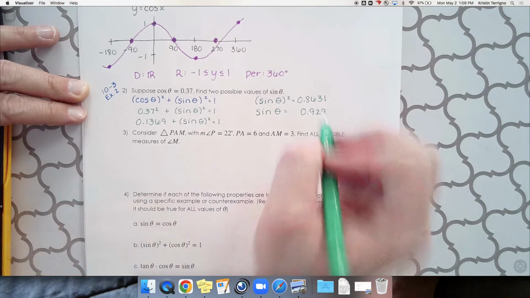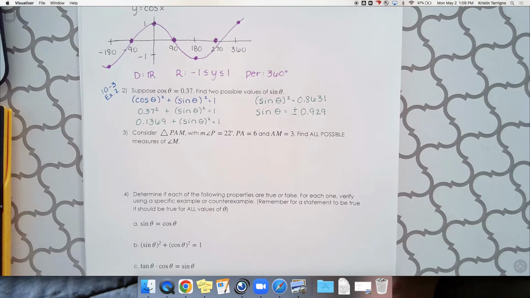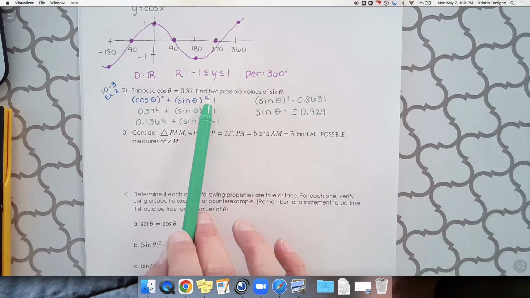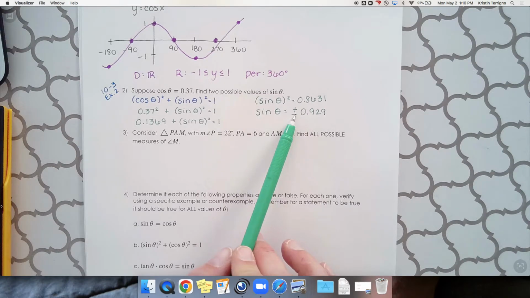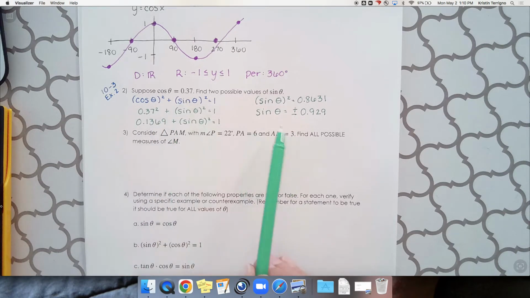Yeah, I need a plus or minus, and I'm going to draw you a picture here in a second to show you why I need that plus or minus. But notice it says find 2 possible values. The plus or minus takes care of those 2 possible values, okay? So both of those answers are correct. If we know that the cosine of some angle is 0.37, your sine could be plus or minus 0.929, okay?